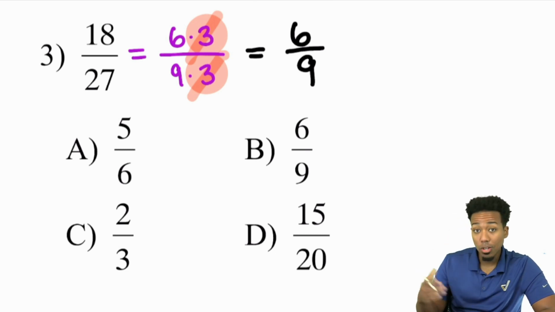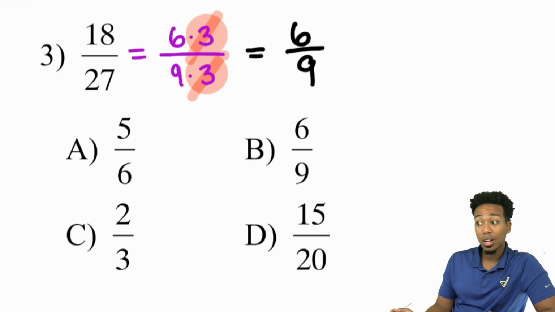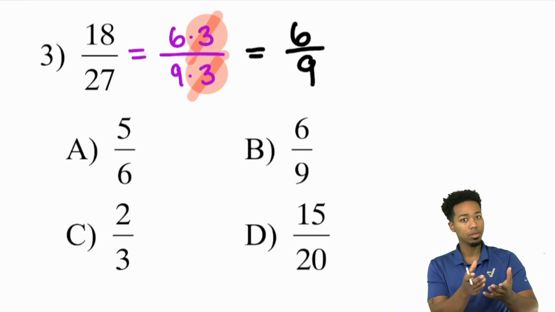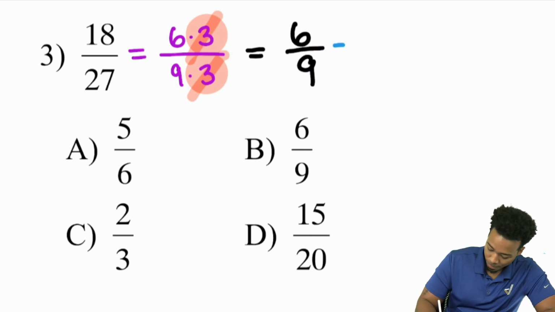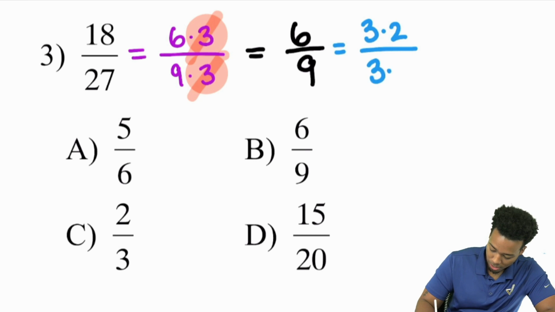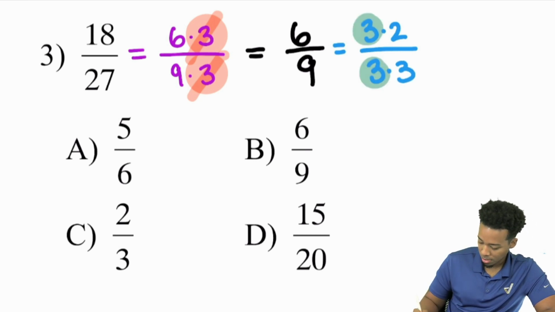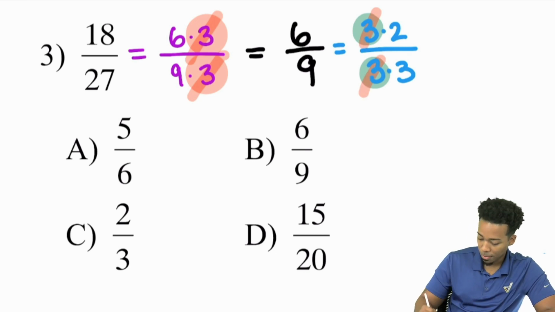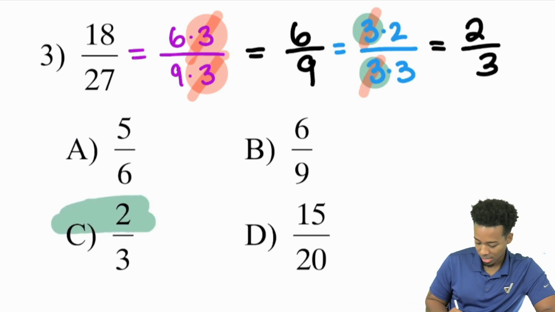To reduce this even more, 6 and 9 both include a 3. 6 is 3 times 2 and 9 is 3 times 3. Those 3s cancel out, leaving me officially with 2 over 3, and that's why C is the answer.